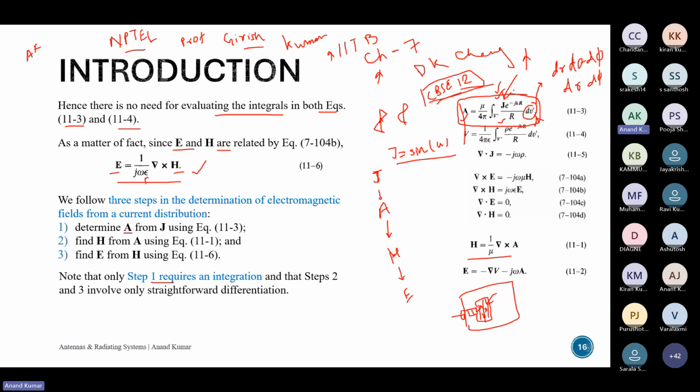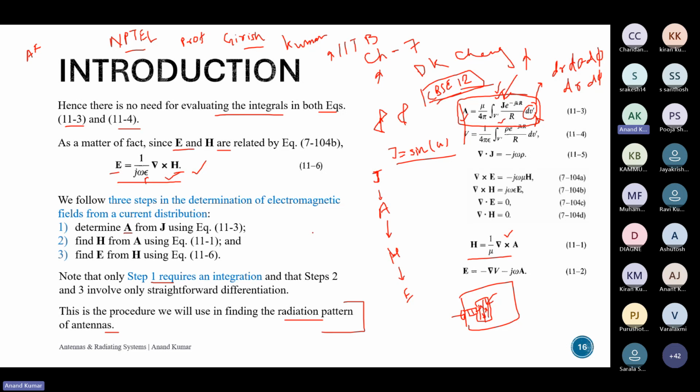Once you have done this integration, all you need to do is a cross product here and a cross product here. That's it. Then you get your magnetic field and the electric field. Fairly straightforward. This is what will be used to find the radiation pattern of antennas.